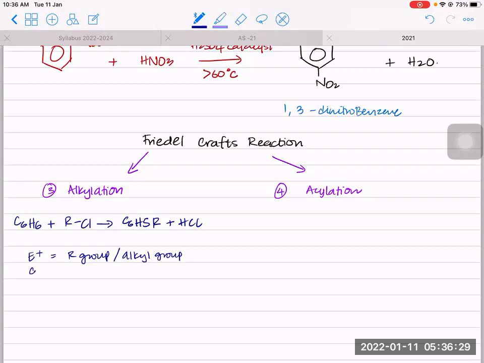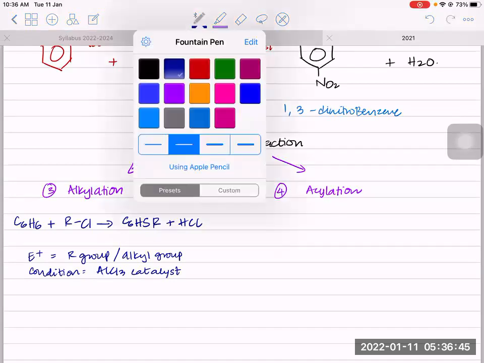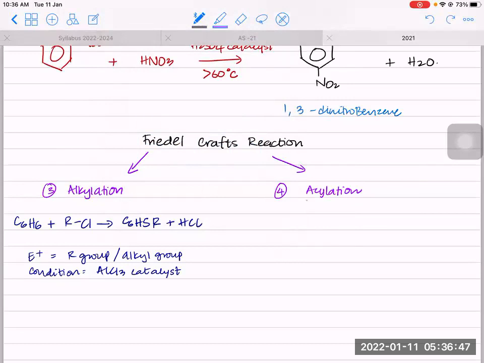Yes, and what will be the condition? Obviously, this will happen in the presence of a catalyst. Which catalyst will we use? AlCl3 catalyst. For acylation, you will now substitute an acyl group. If you remember, we did acyl chlorides in AS. They were a derivative of carboxylic acid.